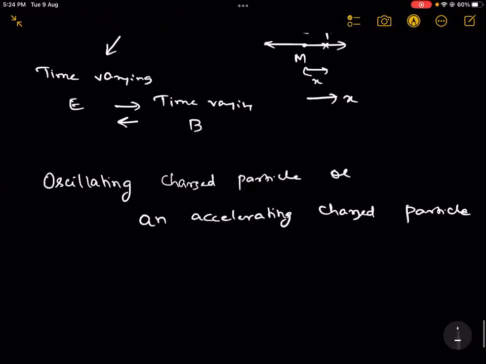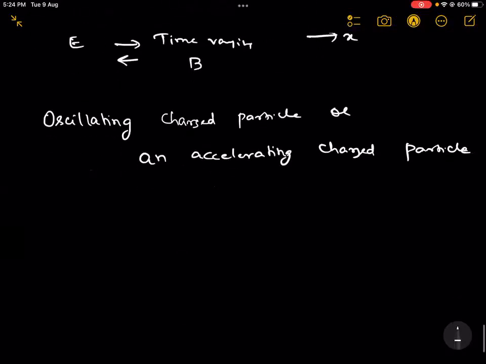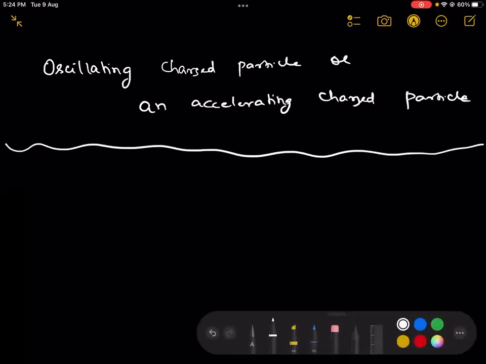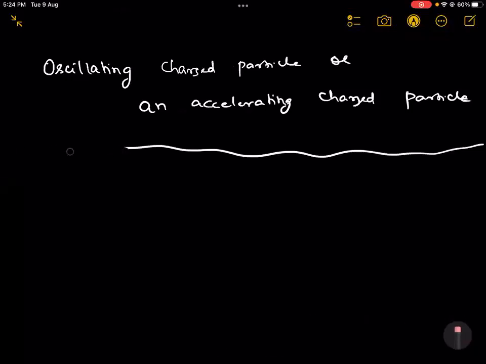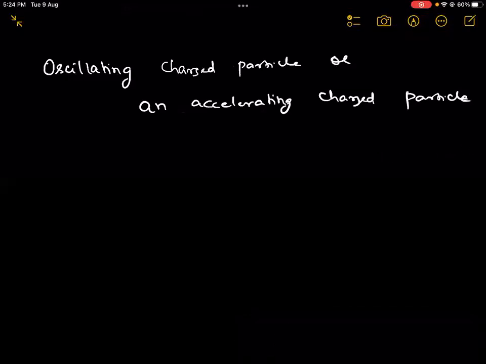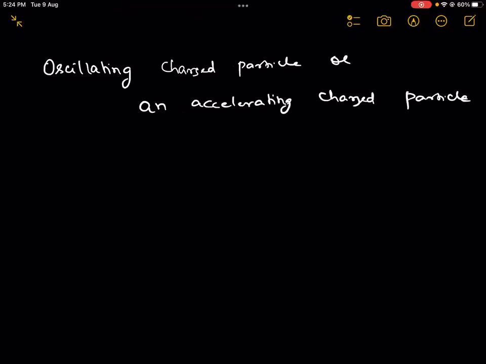Shall I proceed? Right. There is a reason why we discuss this topic, because there is another point that I need to mention. When I put a charged particle in oscillation, can I say there is a frequency associated with it?